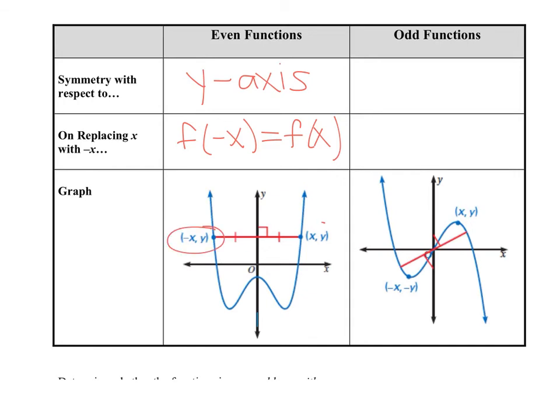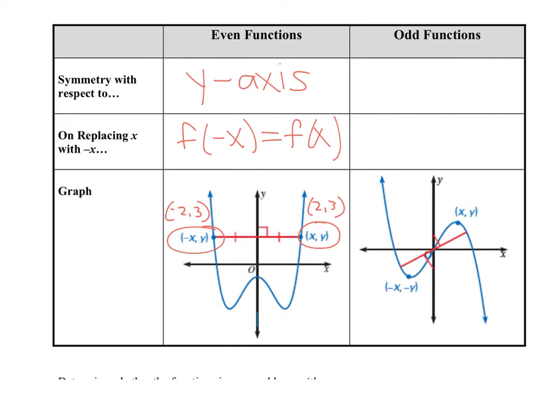So this point and this point have the same y value. One's just positive x, like maybe x was +2, and the other one's -x, so maybe x was -2. Both gave you the same exact y value, maybe it's 3. So maybe this point is 2, 3. This one would be negative 2, 3. So even functions are symmetric about the y-axis, meaning the y-axis cuts them directly in half.